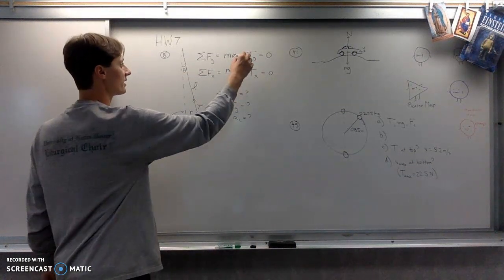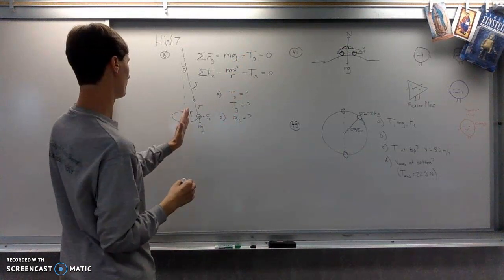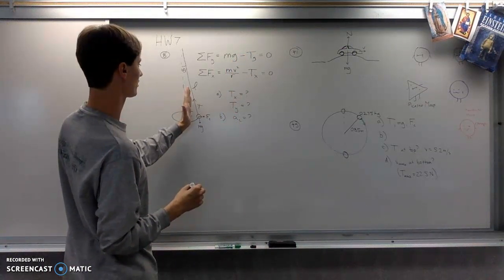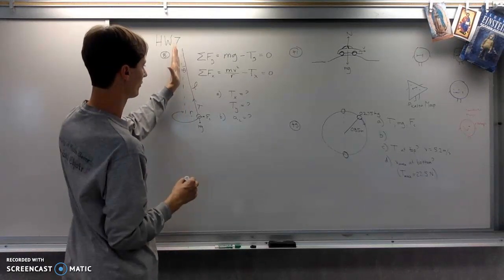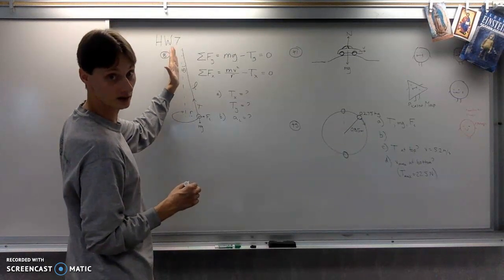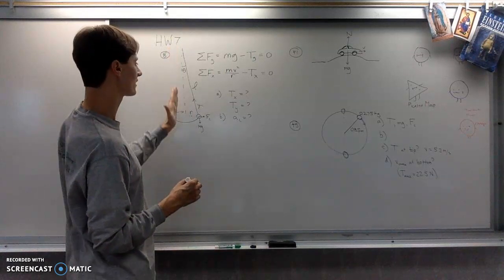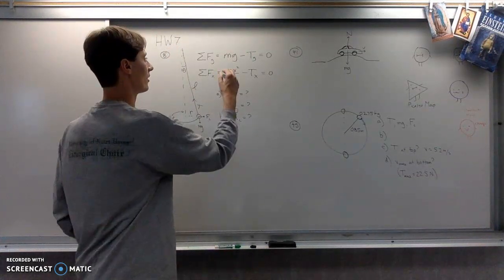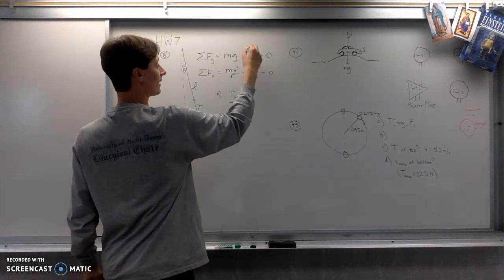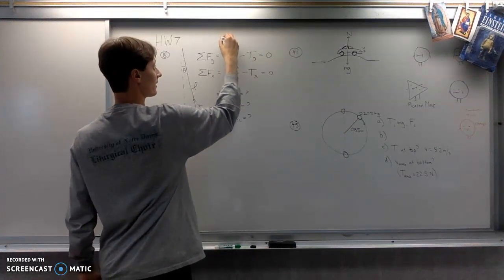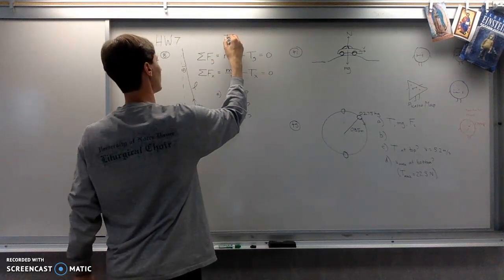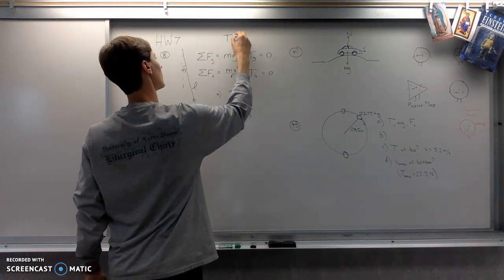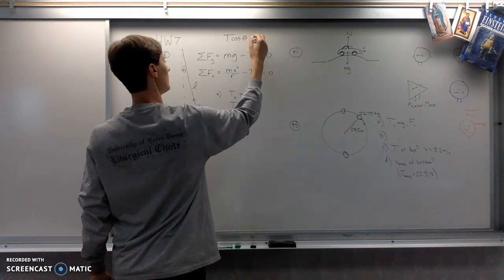Ty would be the vertical component of the tension. But because of where they gave you the angle from, the vertical component is the cosine function, because it's the adjacent side. So Ty equals mg, but that means that T times cosine theta is Ty.